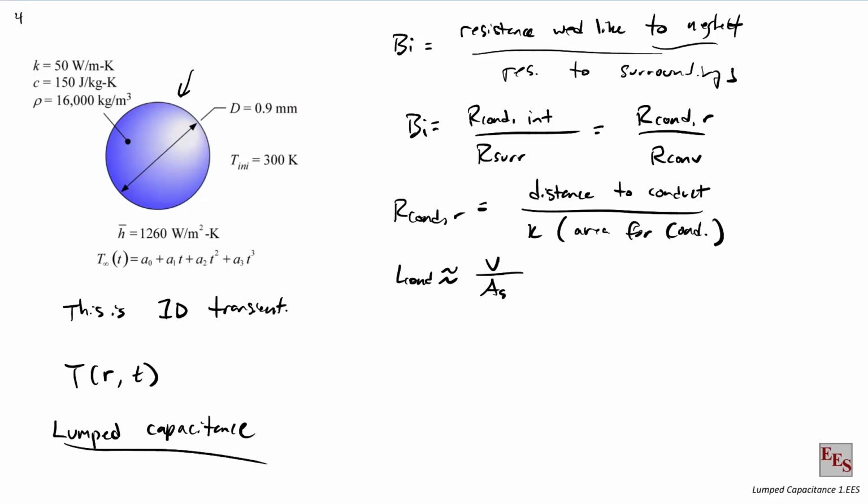Right, so you have meters cubed divided by meters squared, that gives you meters. For this particular example, it ends up being something like half of the radius or a third of the radius. You just calculate the volume divided by the surface area, and that's a good rough approximation of, on average, how far heat has to travel for this type of problem.